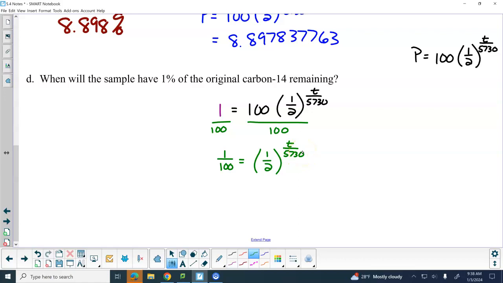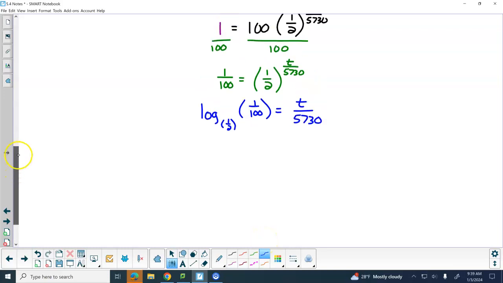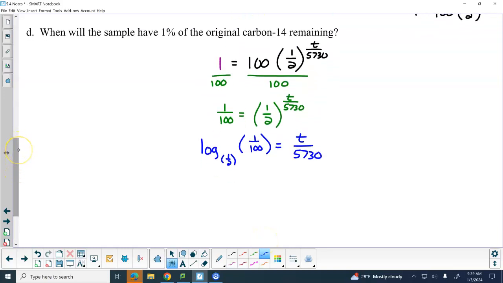Then I need to make it be a log or switch it into log form. So that's going to be log base 1/2 of 1/100 is going to equal T over 5,730. Log base 1/2 of 1/100 is 6.64385619.